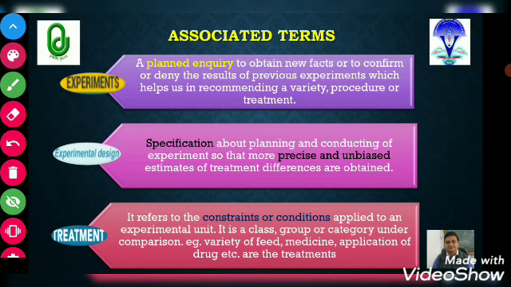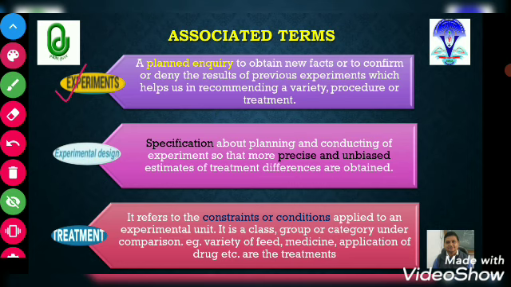So first is experiment. What is an experiment? I have already discussed it a few slides back. It is a planned inquiry. We are inquiring about something, but that inquiry is planned. A planned inquiry to obtain a new fact.